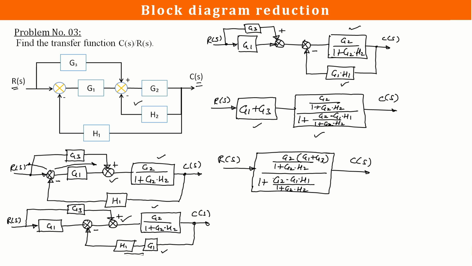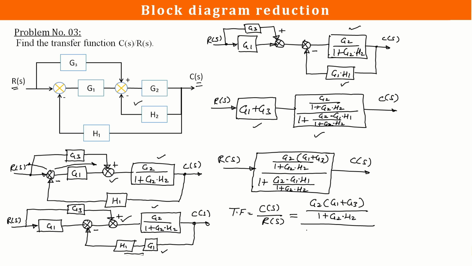Now this transfer function we can further simplify, but since we have reduced it to a simple form, we can write directly its transfer function, and in doing so we further simplify this one. So transfer function TF is equal to output, that is C of S upon R of S, and now the transfer function will be G2 in bracket G1 plus G3 upon 1 plus G2 into H2 upon, now what we can do, we can cross multiply here so that we can have a common base.